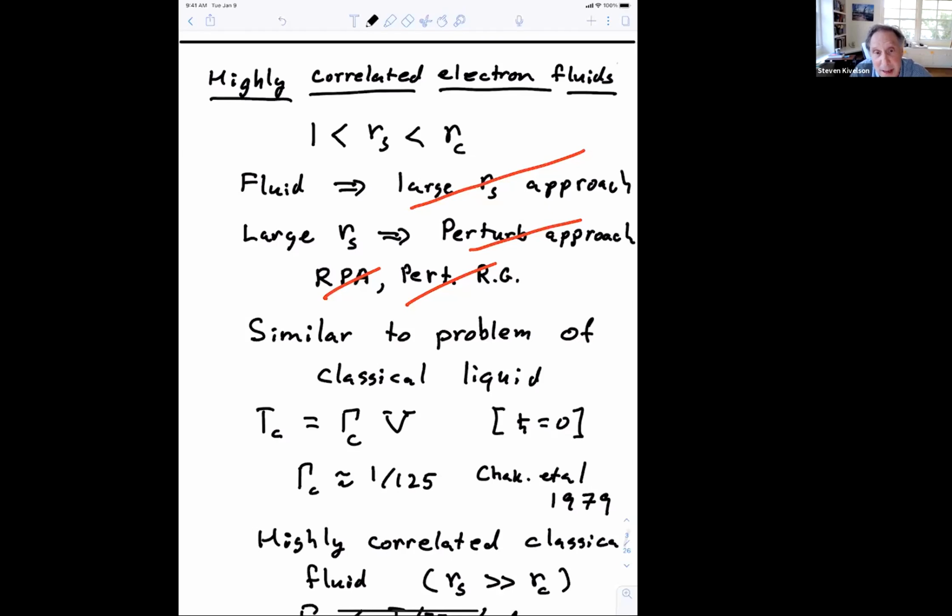You're starting in a crystalline phase. On the other hand, r_s is quantitatively large compared to 1. So one can't imagine doing perturbation theory in the interactions. The perturbative approach or any resummed perturbative approaches like RPA or perturbative renormalization group are really without theoretical justification in this regime.